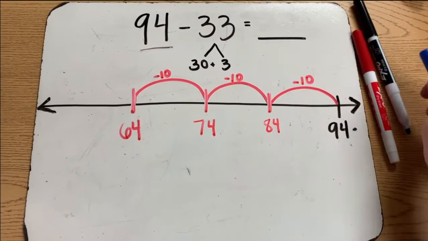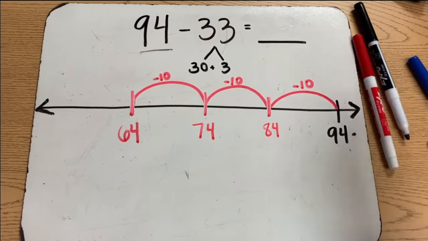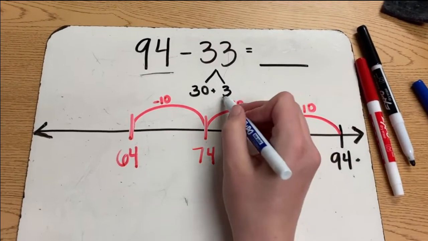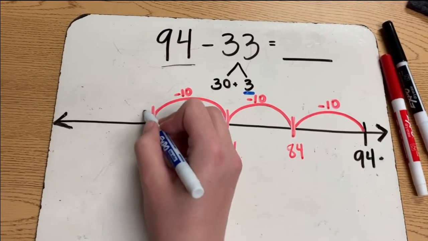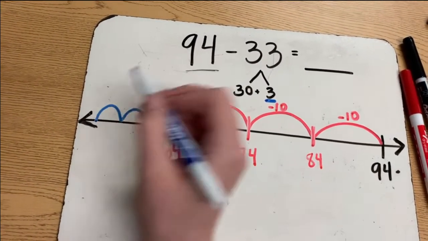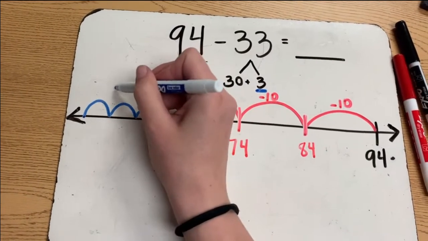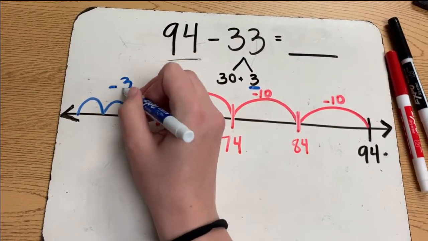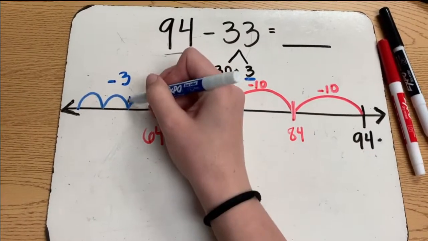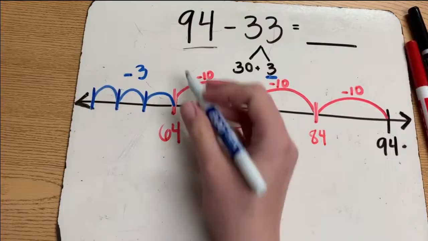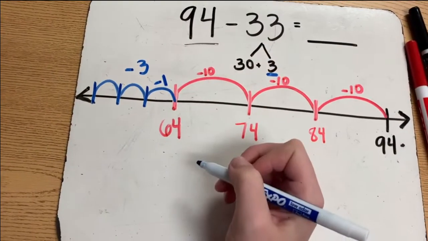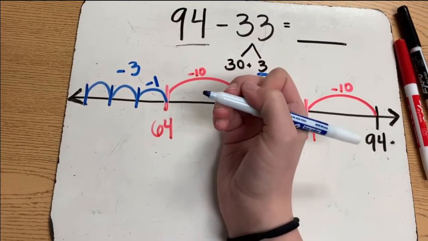Now it's time to do our little hops for our ones. You do big jumps for 10s, little hops for ones, okay? So I'm going to take away 3. So 1, 2, 3. I'm just going to label up top that I took away 3. Put in your tick marks so we can label them. 64 minus 1. Well, I'm just counting backwards.